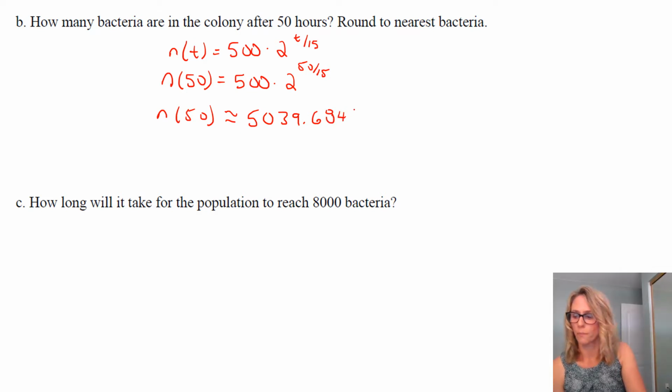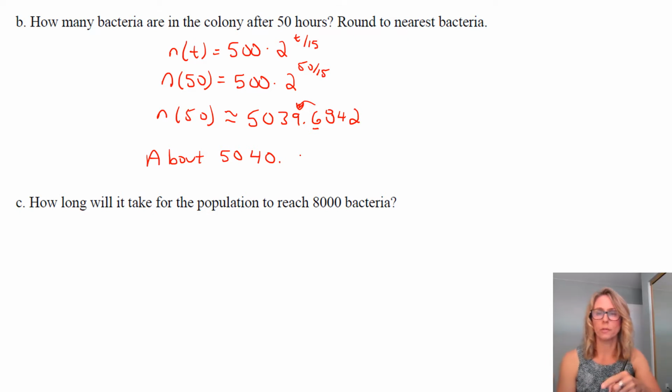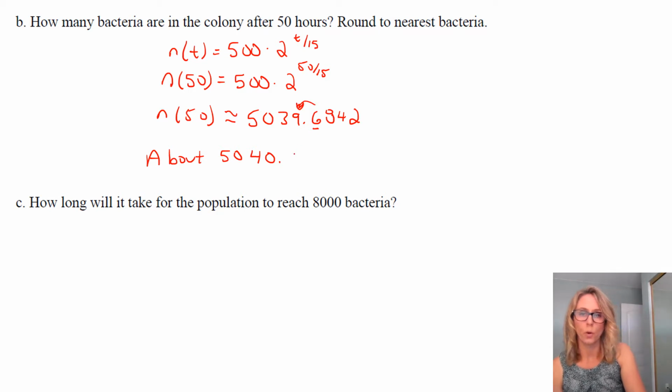We want to round this to the nearest bacteria, so that just means the nearest whole number, and so we'll say about, so I'm going to look at the 6, it's going to tell me I need to round up that 9, so 5040. So notice it's closer to 5,040 than it is to 5,039 because of that 0.6. So about 5,040 bacteria, just a plug and chug.